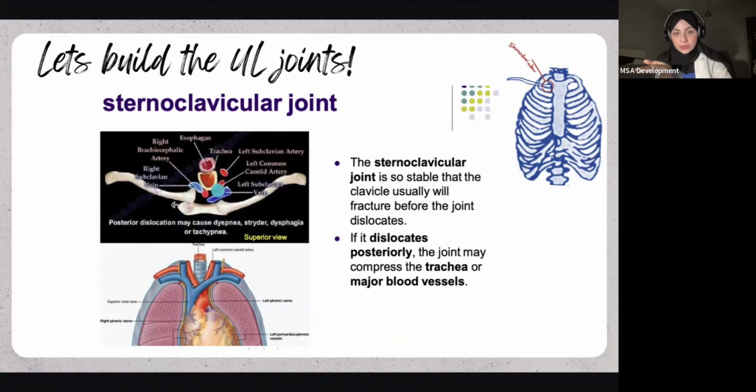We have the right subclavian vein, but very importantly here is the trachea, which means that if anything caused displacement of the sternoclavicular joint posteriorly, which is where it usually dislocates, and it won't dislocate anteriorly. There's no mechanism of trauma that will cause it to do that. But usually it dislocates posteriorly and causes compression of these major vessels, the right subclavian, the brachiocephalic artery, and the trachea, causing difficulty breathing.